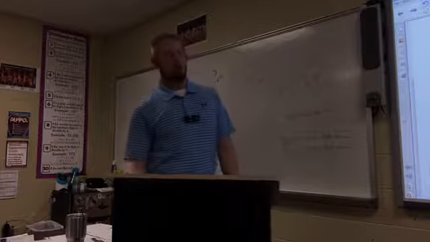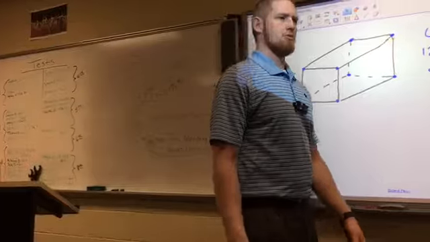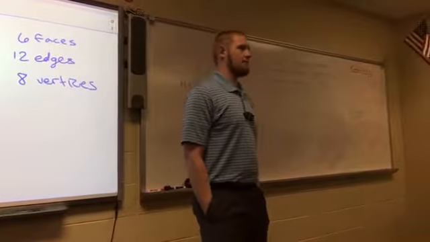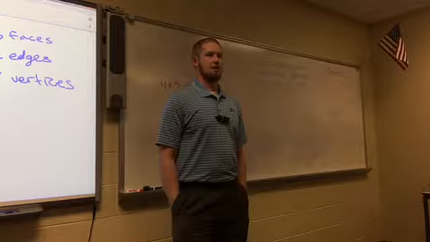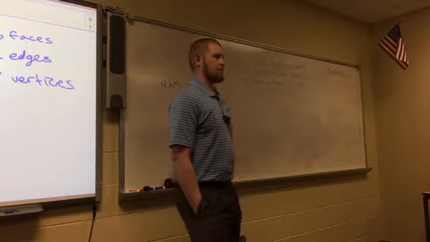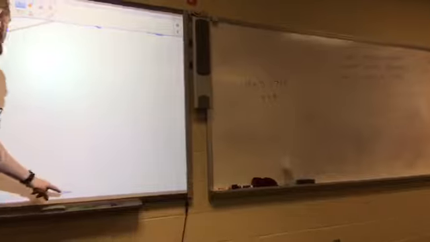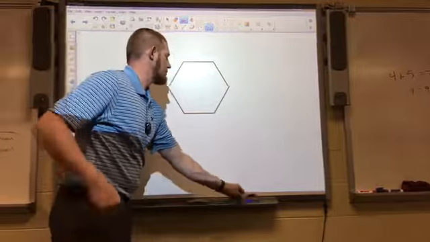Flipping the page. Regular and convex are the next terms. The nice thing about those is we already know what they mean. What does regular mean? All the sides are the same length, right? So everything is congruent. That made more sense when I was talking about a hexagon.